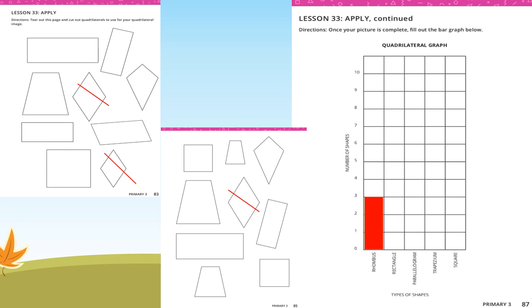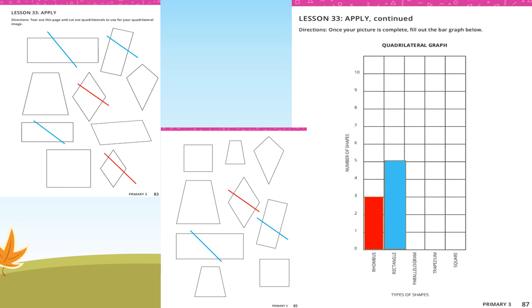How many rhombuses here? 1, 2, 3. So we will color the column of rhombus till 3. The next shape is rectangle. How many rectangles here? Yeah, 1, 2, 3, 4, 5. And let's color the column of rectangle till 5.